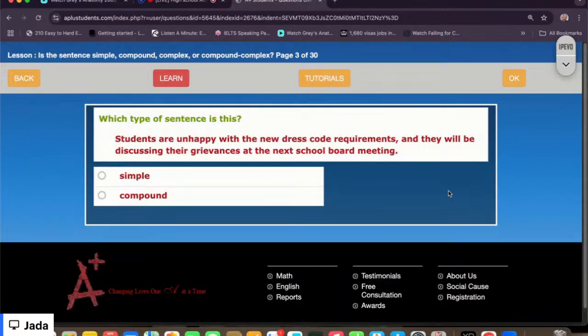Students are unhappy with the new dress code requirements and they will be discussing their grievances at the next school board meeting.